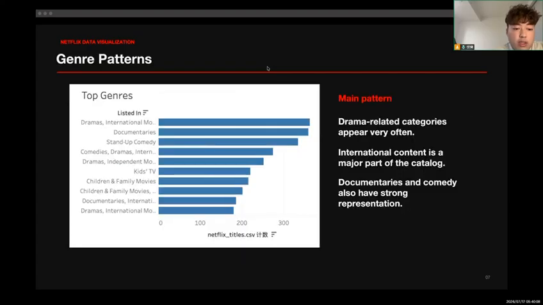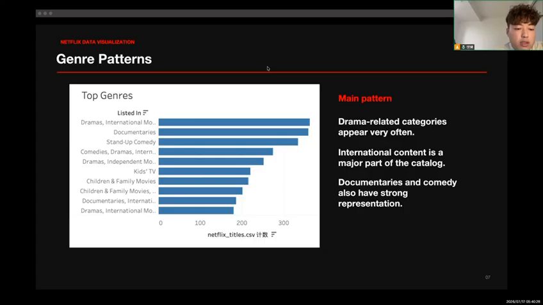Another visualization shows the most common genres. Drama-related genres appear most frequently. Documentaries and stand-up comedy are also among the most common categories.